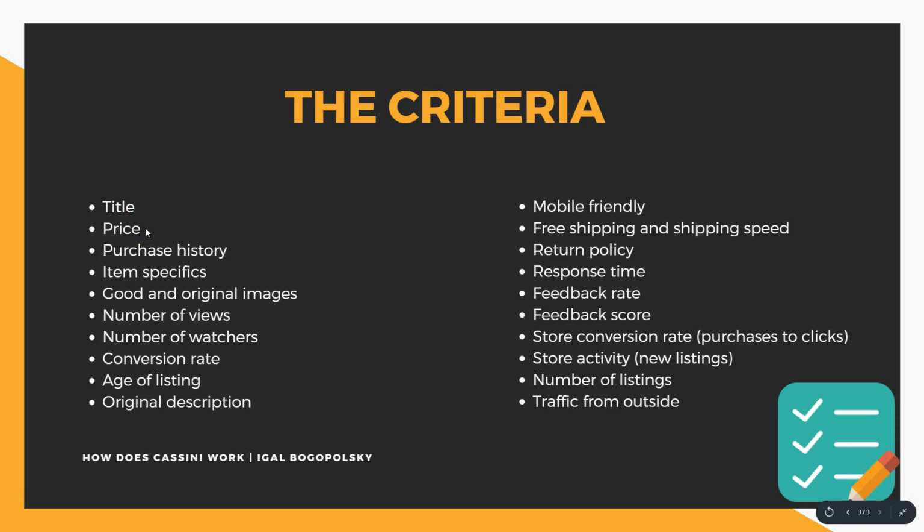Second is price. Price has always been a very important parameter. And we don't have complete control over it because obviously we want to make a profit and we have our given price from our supplier. However, one thing you could do is start a new item by listing it with zero profit.